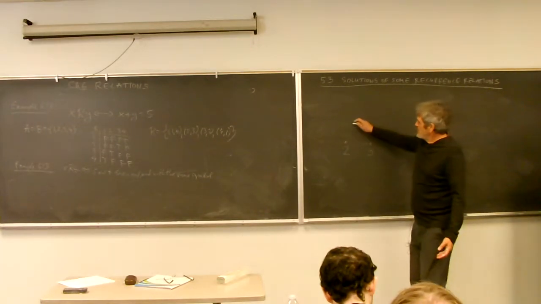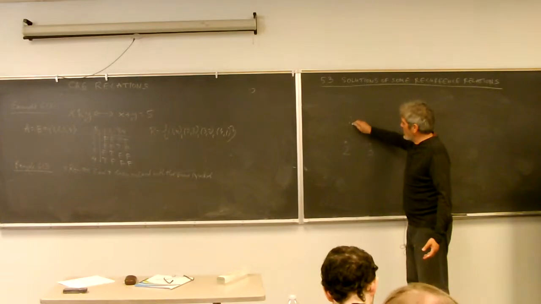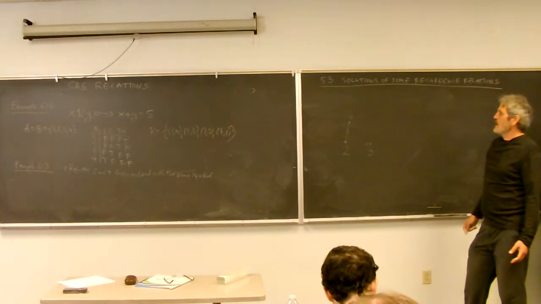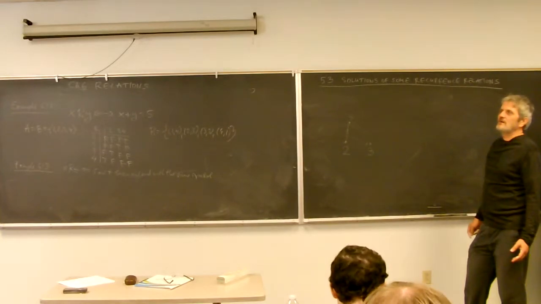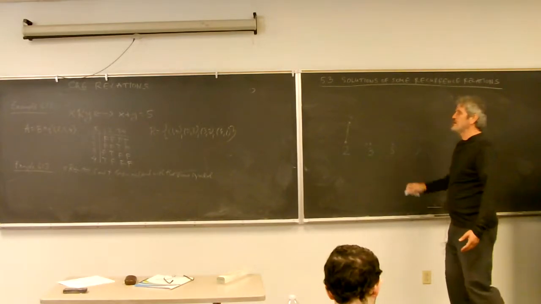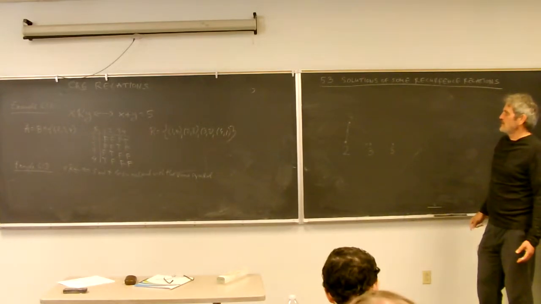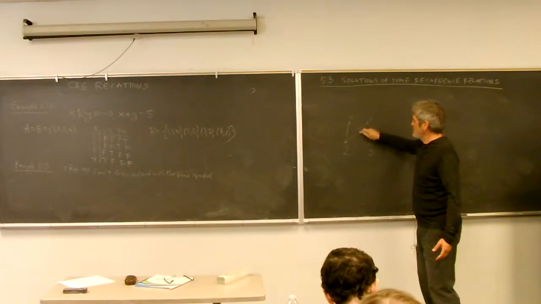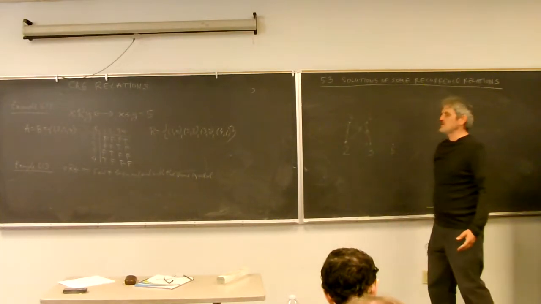It's related to 2, so I'll put 4 above 2 and make an arrow going up there. And then what about 5? 5 is not related to anyone, it's a prime number. And then what about 6? 6 is on that second level, and it will be related to both 2 and 3.